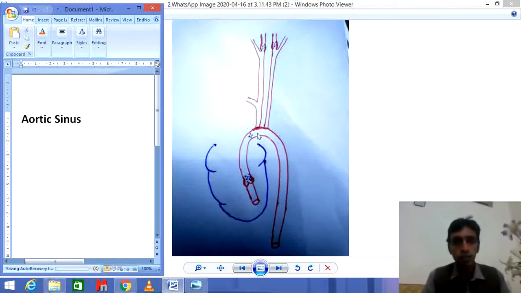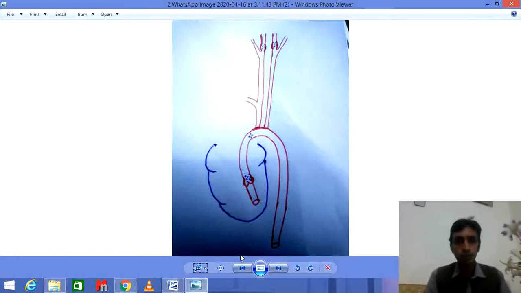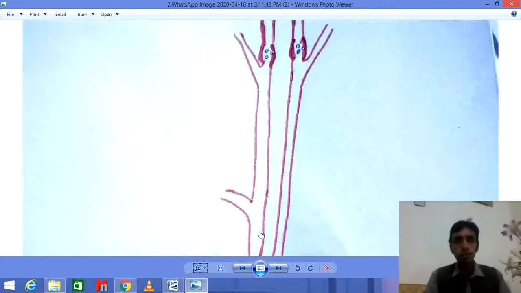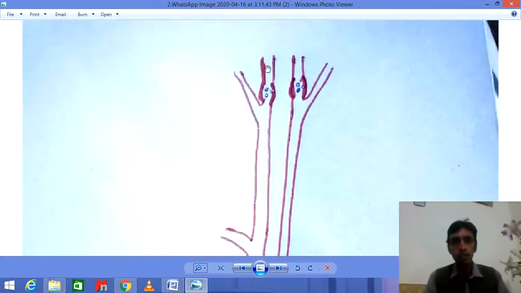Now further, this is the internal carotid artery. This is the left common carotid artery, and this is the right common carotid artery. In the common carotid artery, you can see that this portion near the junction is also a bit dilated.